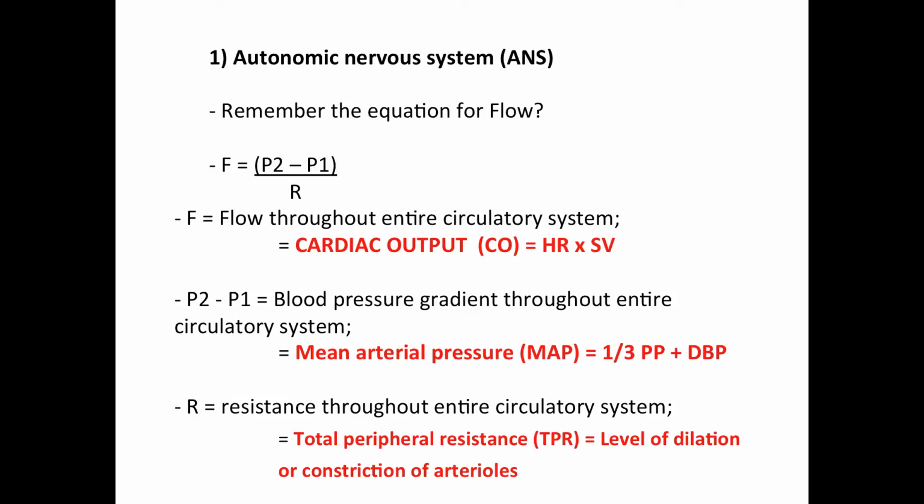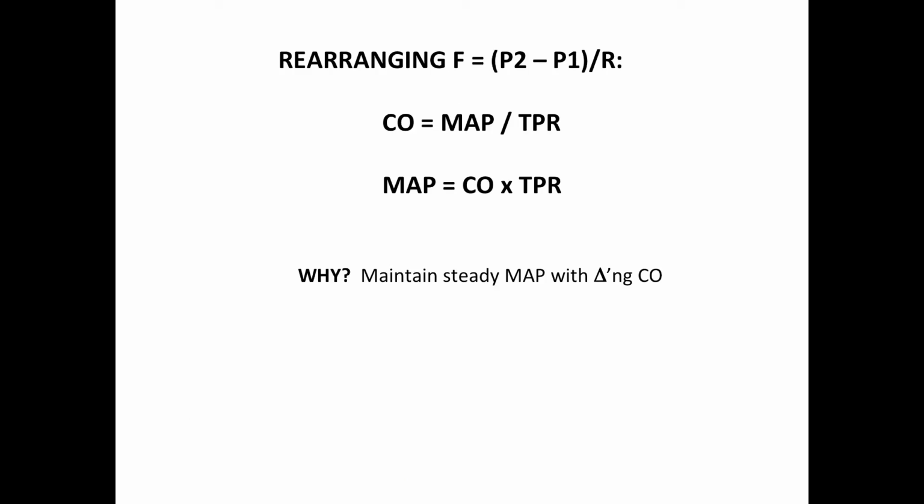So we're going to use these three values: cardiac output, mean arterial pressure, and total peripheral resistance, and we're going to plug them into that equation for flow that we've been using so far. And what we get is that cardiac output equals mean arterial pressure over total peripheral resistance.